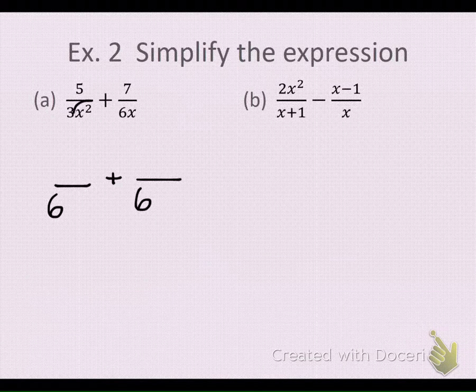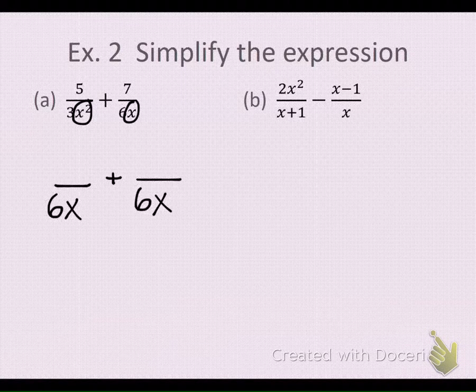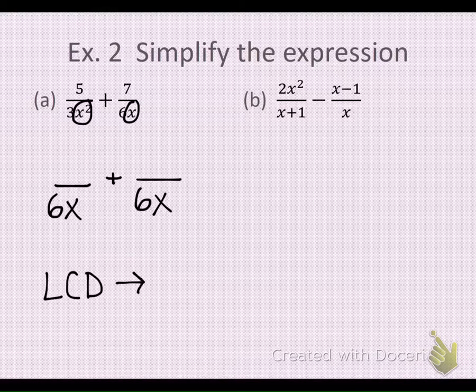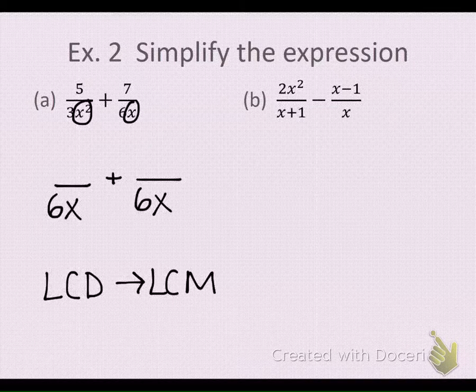Now, we have an x squared and an x. So obviously we're going to have x, but x to what power? Remember, when you're trying to find your LCD, your least common denominator, which is also your LCM, your least common multiple, are we going to take the highest exponent or the lowest exponent? Think about your GCF.